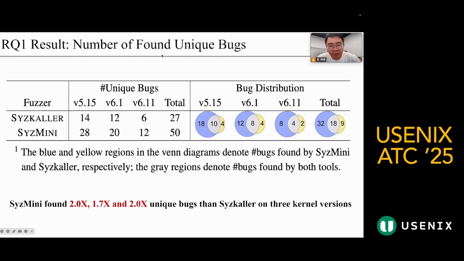For the number of found unique bugs, we can see SysMini has found 2.0 times, 1.7 times, and 2.0 times unique bugs than Syzkaller on the 3 kernel versions.